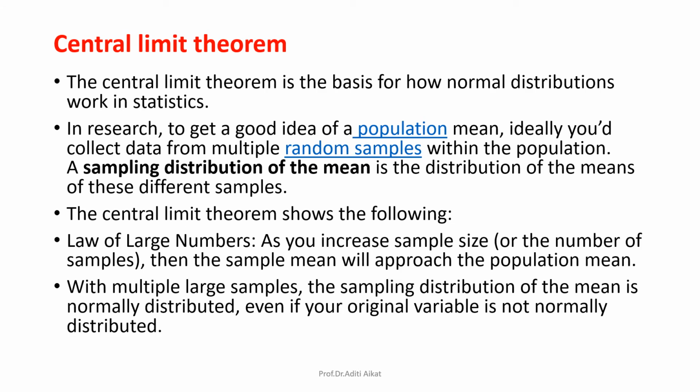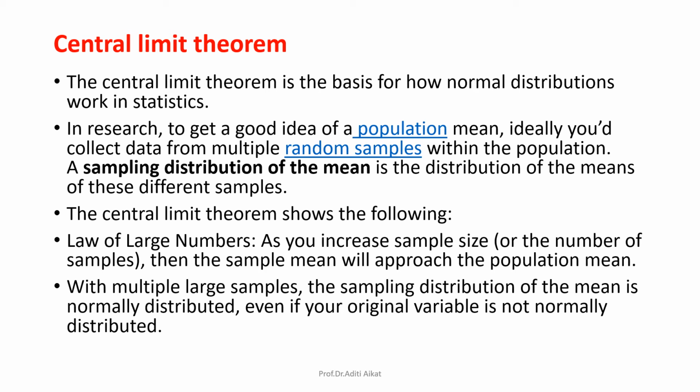For this, it is very important for you to understand the central limit theorem as well. It is the basis on which the distribution that we are talking of is measured in statistics. In research, we want to get a good idea of the population mean. Ideally, you would collect data from multiple random samples within the population. A sampling distribution of the mean is actually the distribution of the means of these different samples.